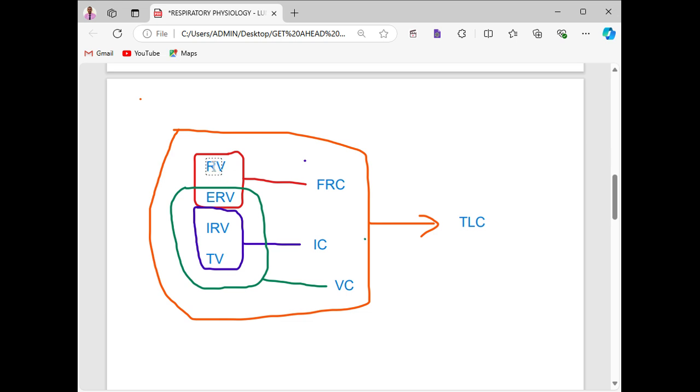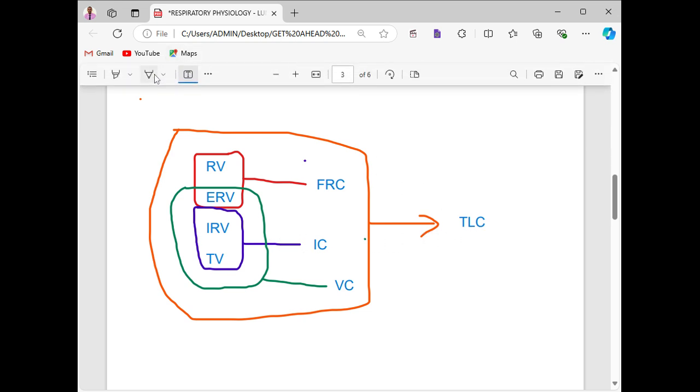You just start with RV, ERV, IRV, TV. RV plus ERV, you get FRC. Then IRV plus TV, you get IC. Then ERV plus IRV plus TV, you get VC. And then all of these, when you combine them, you get TLC. As simple as that.